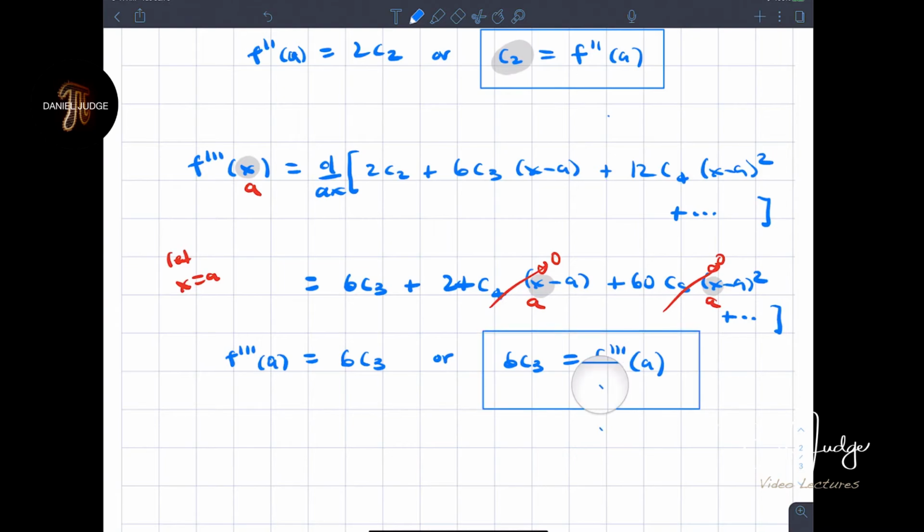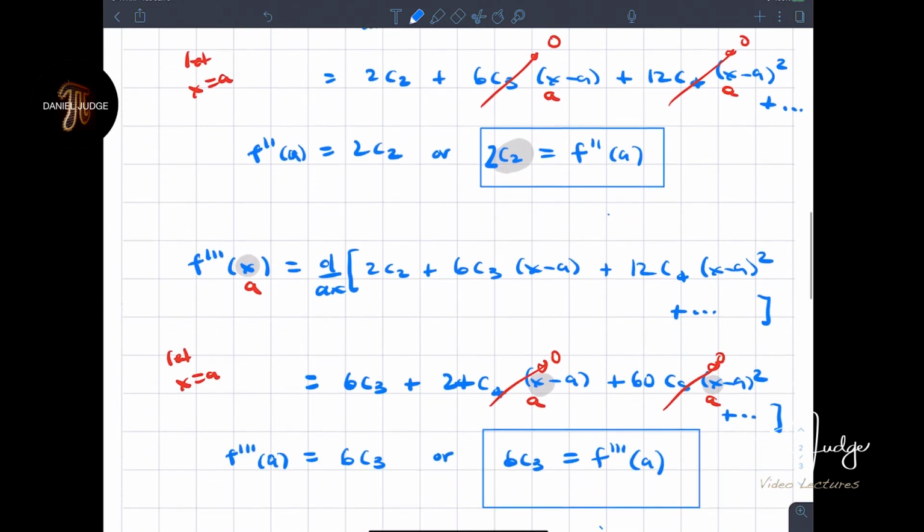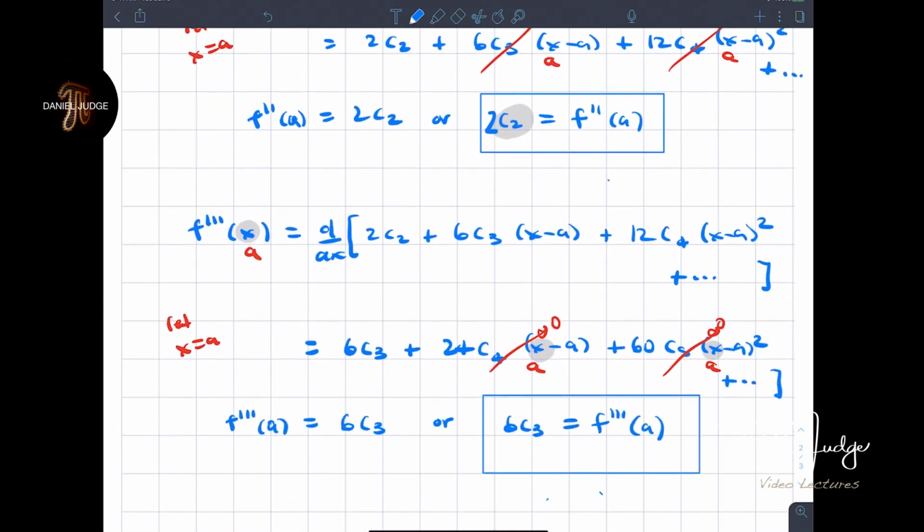And so what has been observed, and we have to really be double careful. We got to be careful here. There's a 2c2 here, ladies and gentlemen. This one's c1. So let's go back with this one. This means that c2 here is described as f double prime a divided by 2.